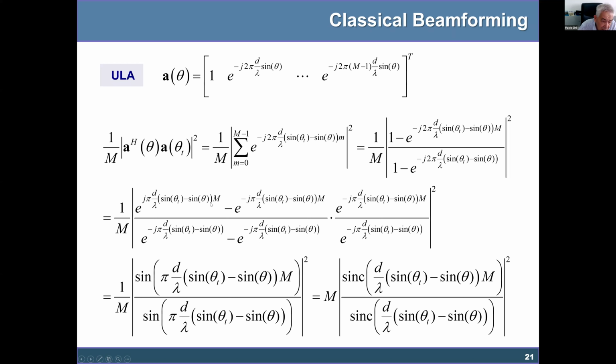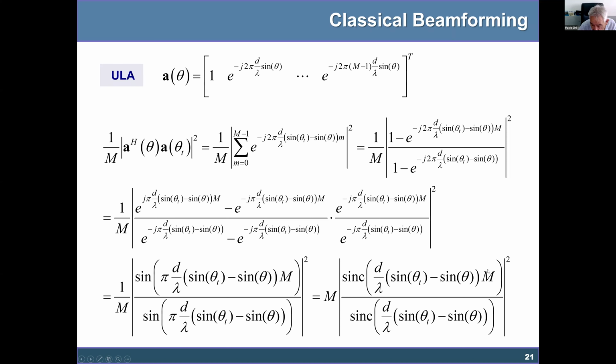And now you can recognize that you can express the numerator by using a sine, because you apply the Euler relationship, and you do the same at the denominator. So it's the ratio of two sines. And then, if you remember the definition of sinc, you can express this as the ratio of two sinc functions.